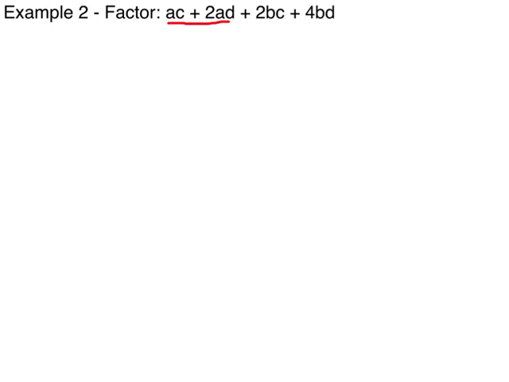So we're going to look at the first two, and then we're going to look at the second two. And we see in the first two they both have an a. So we're going to factor out the a, and we're left with c plus 2d.